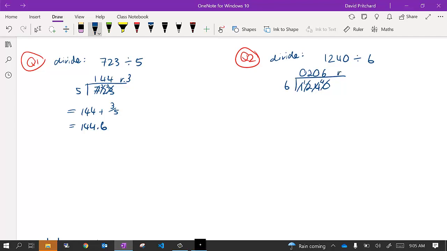And that means we've got 4 left over. And this gives us 206 and 4 out of 6 remaining. We could write that as approximately 206 point, so that's 2/3, so 0.6 reoccurring. Now, because I've put the reoccurring on, that's not really approximately, so let's use our straight equals.